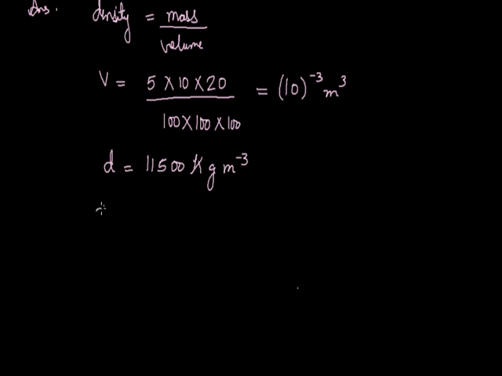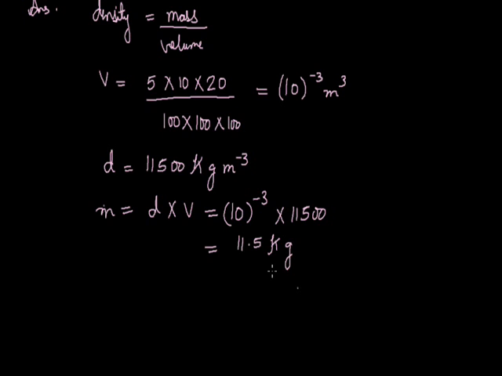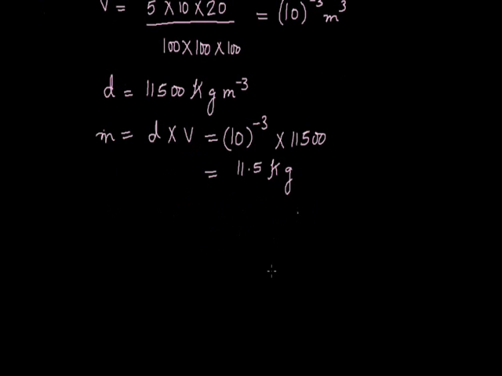Now to calculate the mass, it will be density into volume. So 10 to the power minus 3 multiplied by 11500, hence its mass will become 11.5 kg. So the lead block which is given to us has a mass of 11.5 kg.